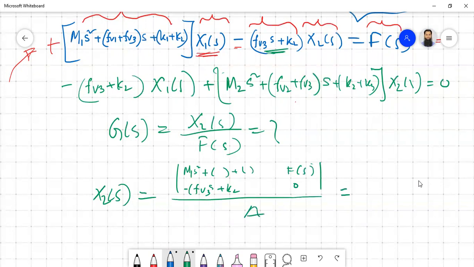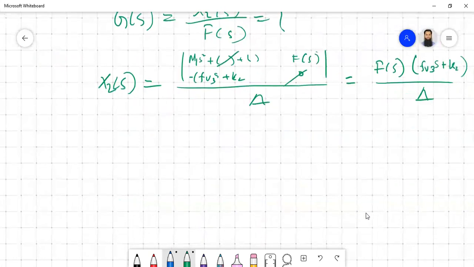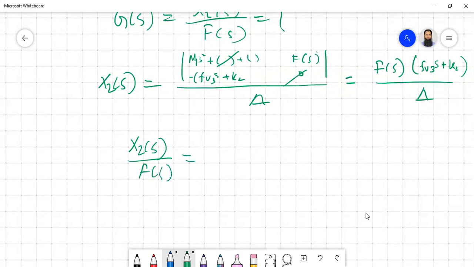So this parameter will be cancelled because it is multiplied with 0. Minus minus will be plus. So basically you will have Fs times FV3S plus K2 over del. On the other side you have Fs, so your X2S by Fs will be actually FV3S plus K2 by del. So this is the transfer function of the system.